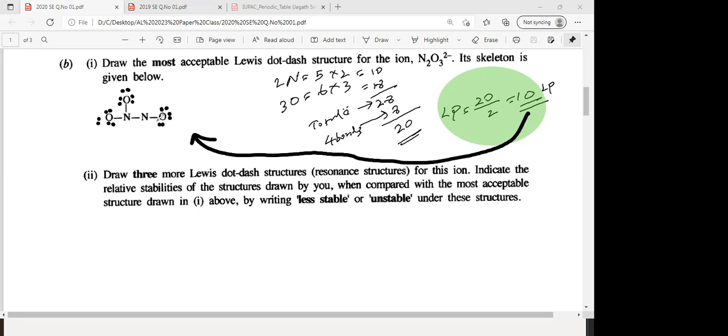How many now? 9. Only one more left. Wait, one more thing. You have to put a minus charge on this. Now there's a minus charge here, so I'll carry this one minus charge. You have to allocate for this.